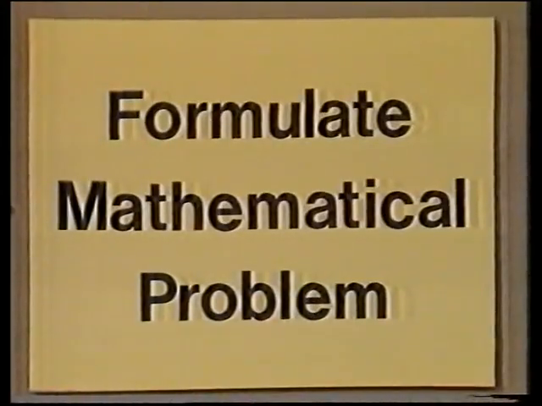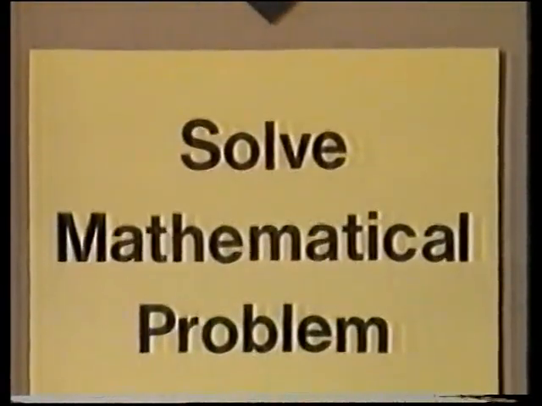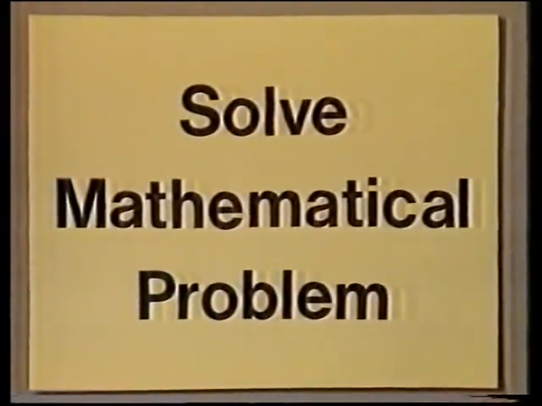And our first assumption was that it would be a linear one. And now at last we'd formulated our mathematical problem. The problem was simply to find the best straight line fit to the given data. Solving that problem was easy enough. We fitted a line, or rather, the computer fitted a line and told us its equation.